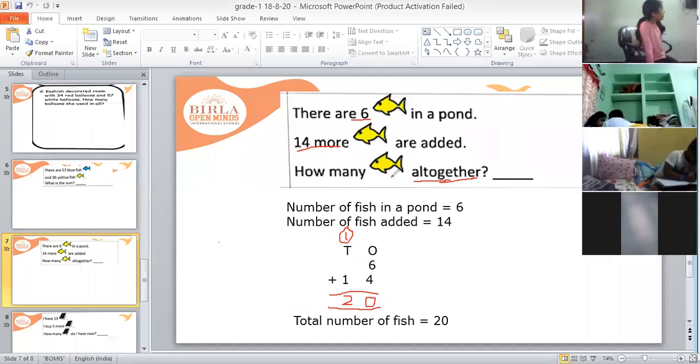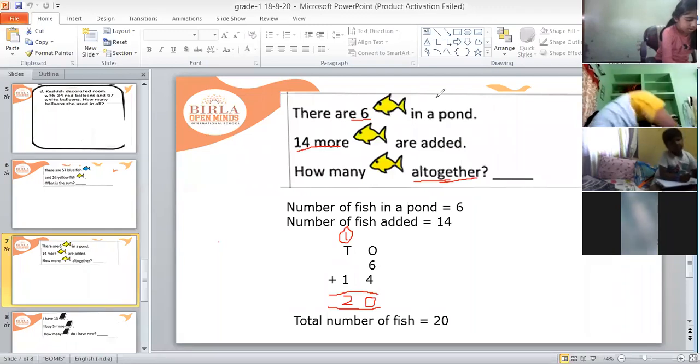Yes, Ashrita. Ma'am, completed. Very good. Good, good. Okay. Is there anyone who is still writing? Yes, children. Is there anyone who is still writing?